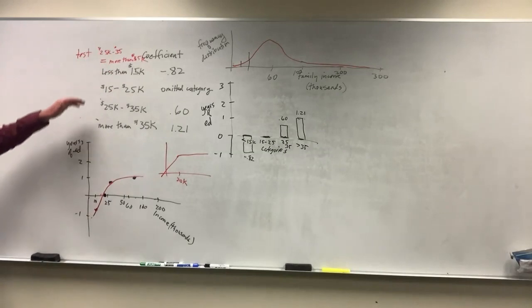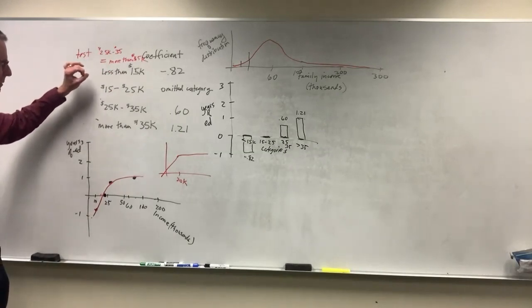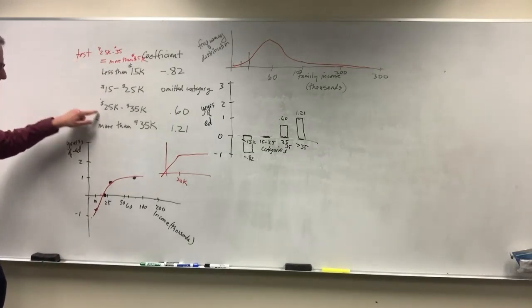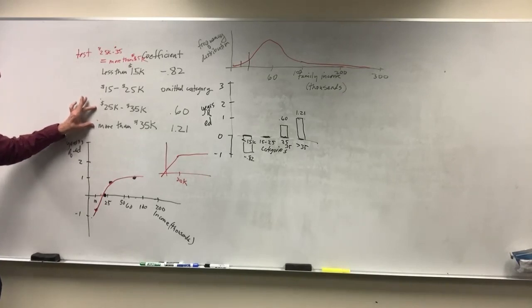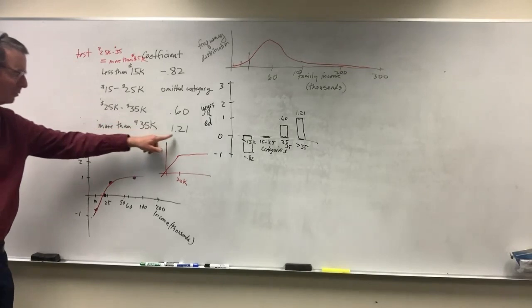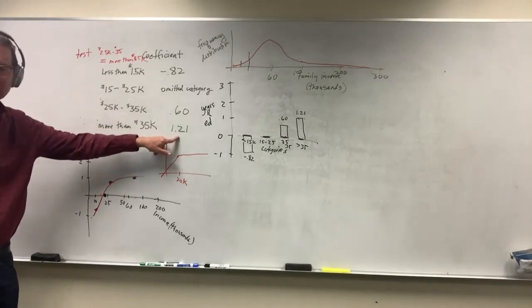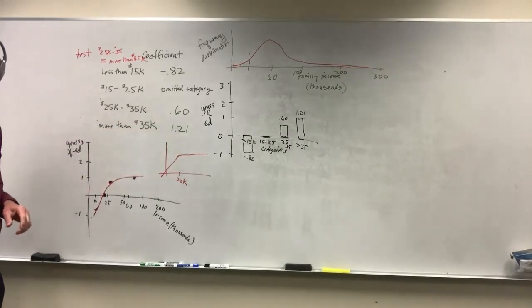Right, so if you start with the original regression, you've got 1, 2, 3 variables included. This is the omitted category. If you just do a test on these two, the equality of these two, it's going to test for whether this 0.61 difference is significant or not.